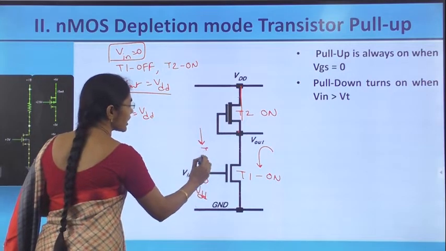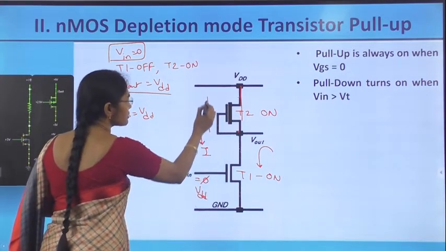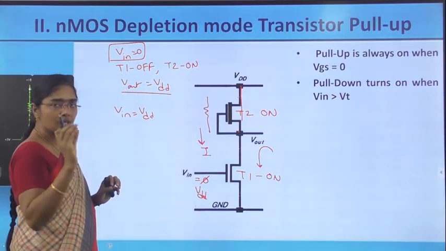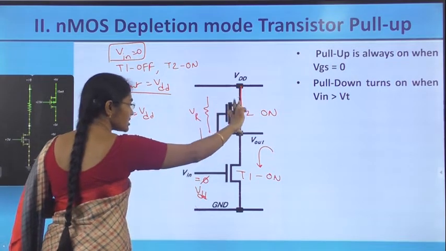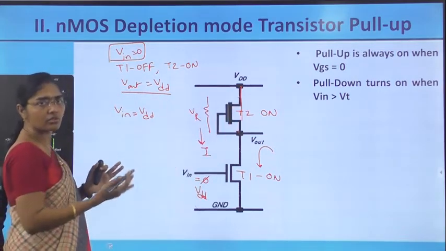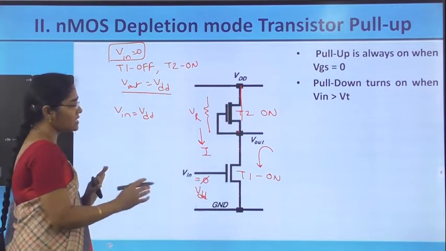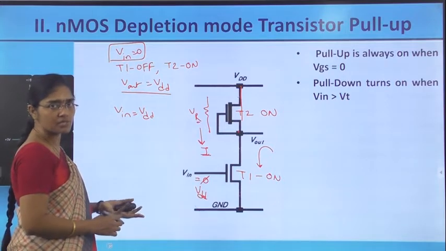There is current flowing in this circuit and it is just like a small resistance. So some voltage will be dropped across this resistor, meaning across this pull up path. VDD minus this VR is going to be the output. And since I is maximum, this VR is going to become the maximum value.